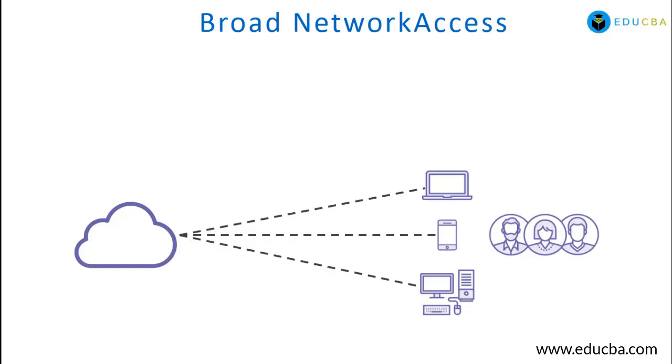Or if it is public, then obviously everybody can access it through the internet, connect to it and provision any resources. So it has to be through the internet, or if it is only for an enterprise, then through the private or the enterprise network.